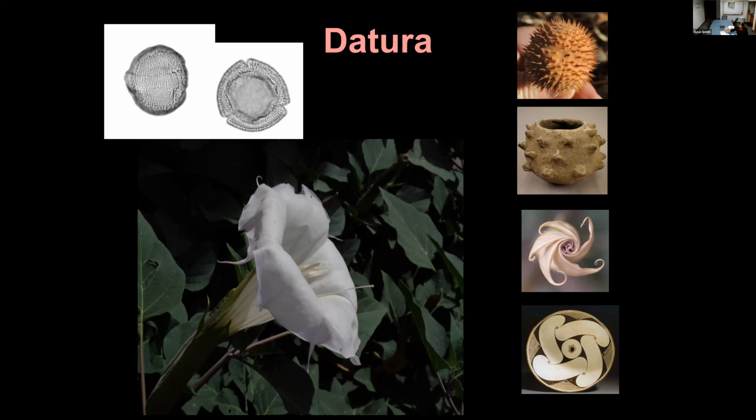Datura was a really important plant to prehistoric cultures in the Southwest. That's based on images and icons found on artifacts throughout the Southwest. This is a Datura pod, a seed pod that's found.